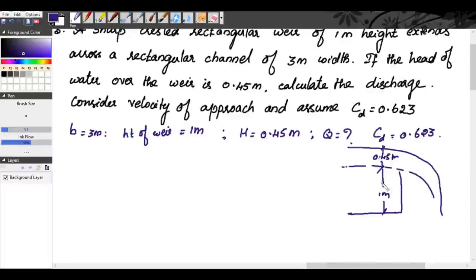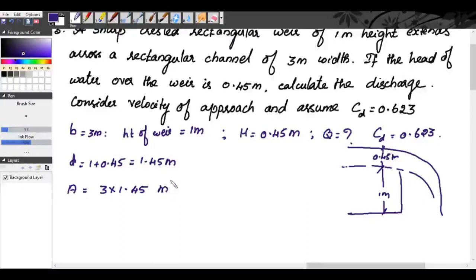So total depth of the channel is 1 plus 0.45, you get 1.45 meter. Therefore, area is equal to breadth into depth. So 3 into 1.45 meter square.